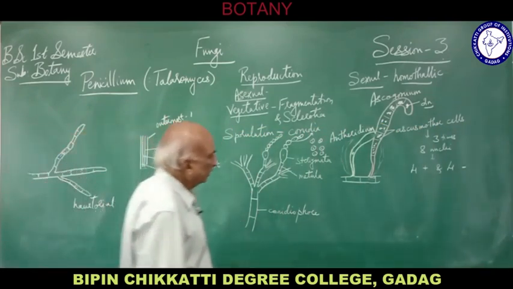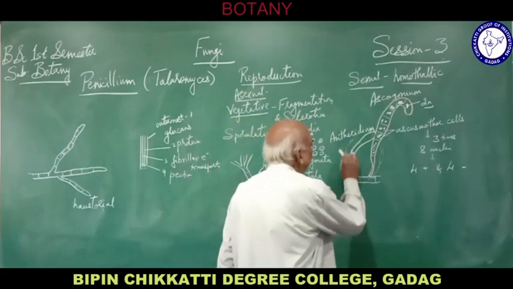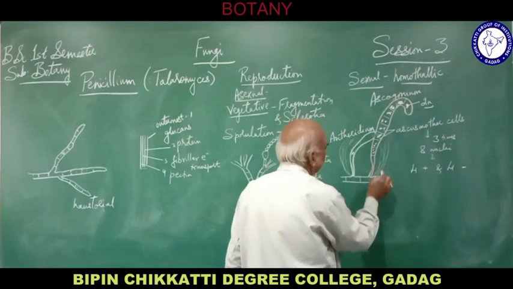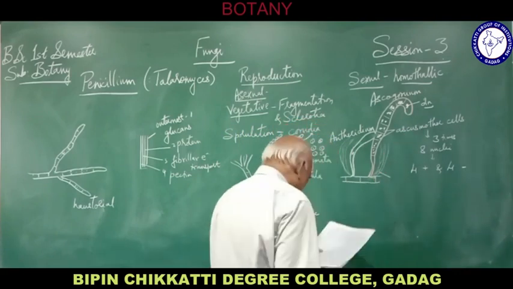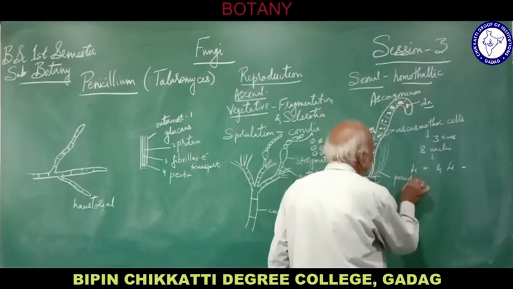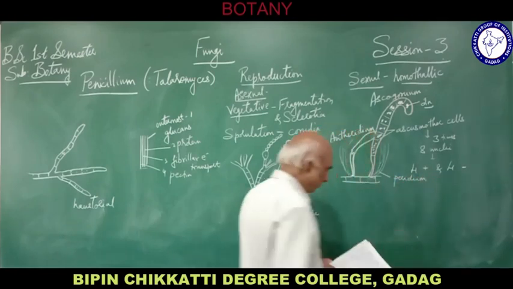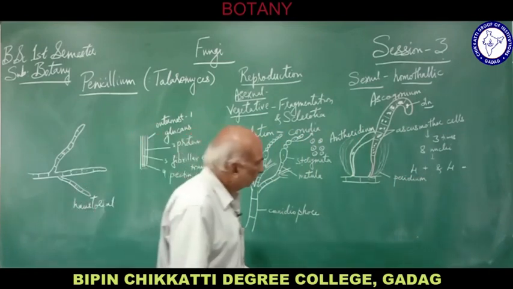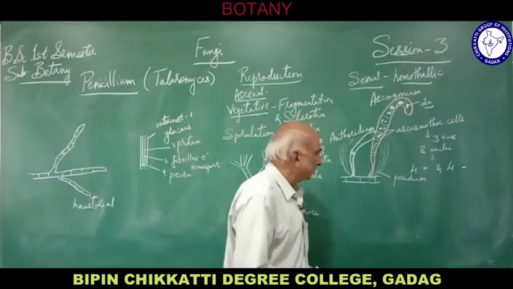And the hyphae which surround this ascogonium and ascus mother cells are called the peridium. So this peridium is the protection of the antheridium as well as the ascogonium.